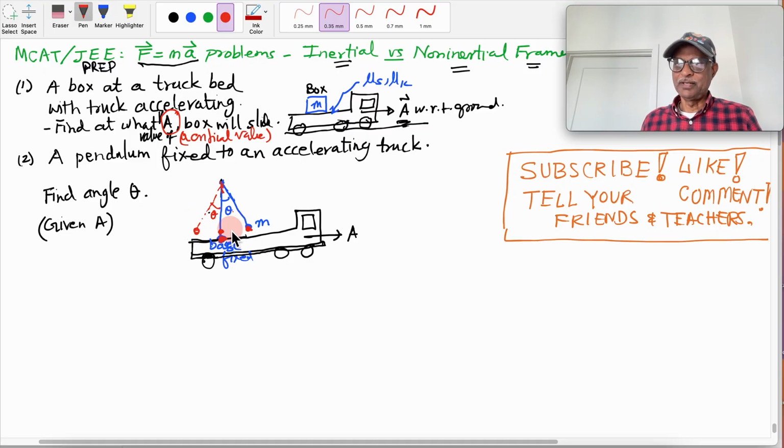If a is a particular value, say I give you an A, I accelerate at A, then I find that the pendulum comes and remains at rest. What do I mean by at rest? It doesn't swing back.